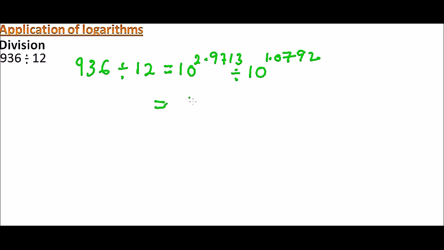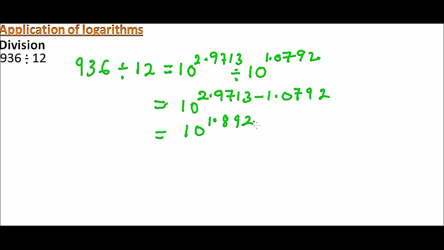So we subtract 1.0792 from 2.9713. When you subtract that, you get 10 raised to power 1.8921. We now get the anti-logarithm.